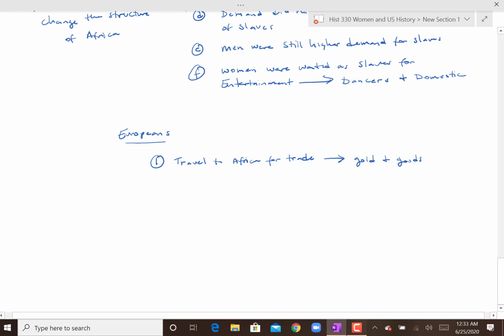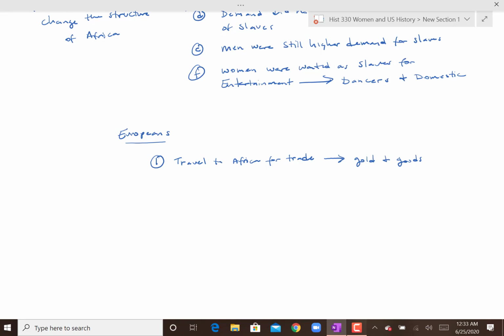And when that doesn't pan out, they're going to shift to slaves as the quick way to make money. But Mansa Musa definitely had this kind of legend surrounding him after his death, of that wealth and that prosperity that potentially existed.